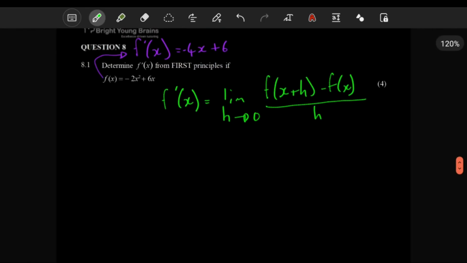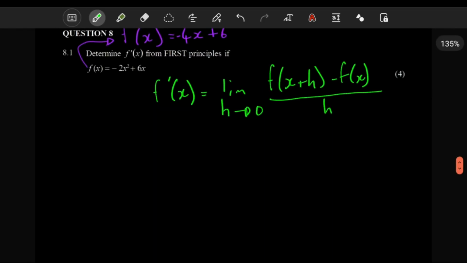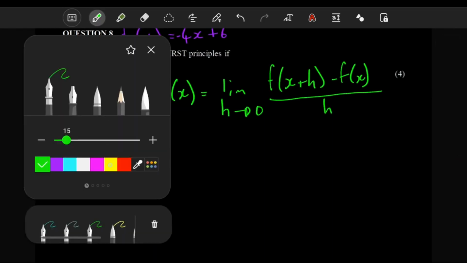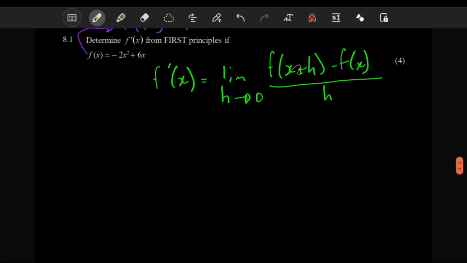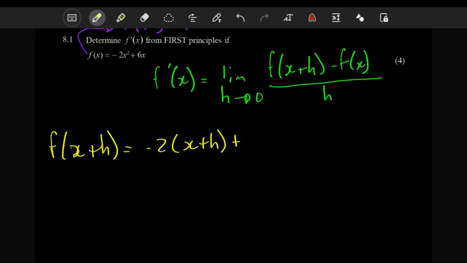If you're going to determine the first derivative using first principles, try and get this first and then throw it into your expression later. Getting this just means wherever x is, you put x plus h, and then you can simplify.